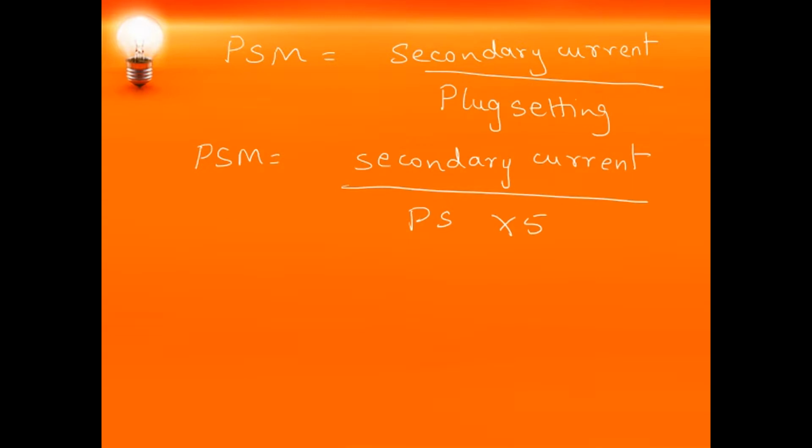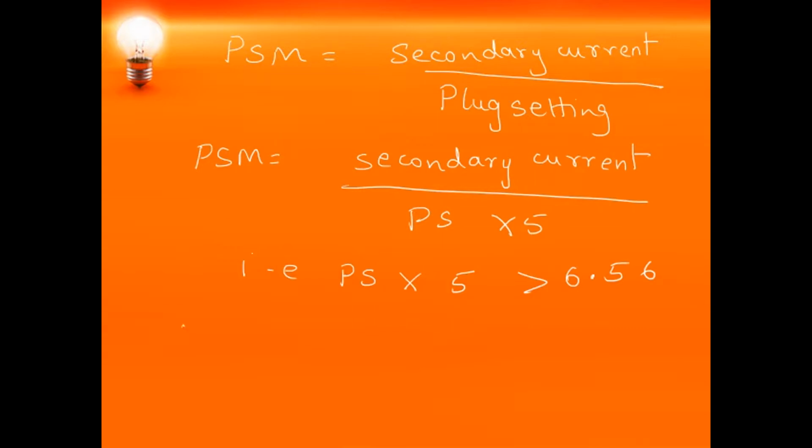Since the transformer relay should not operate for the overload current, PS into 5 should be greater than 6.56.